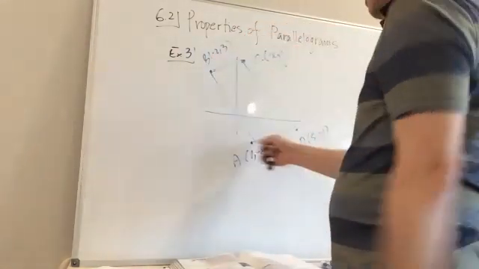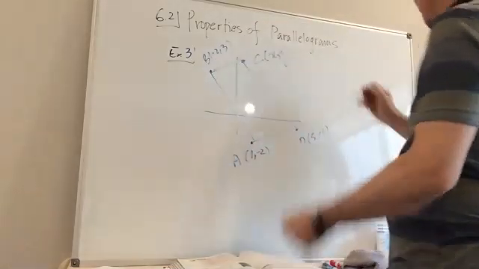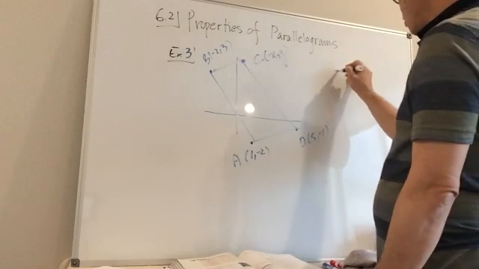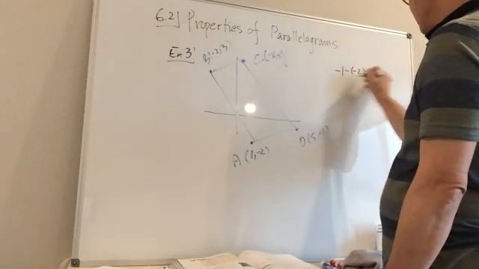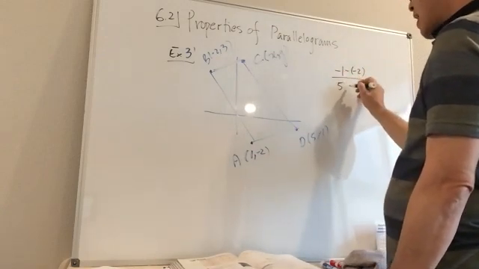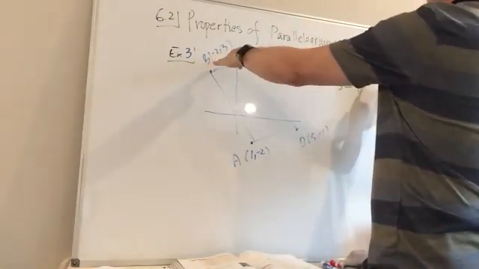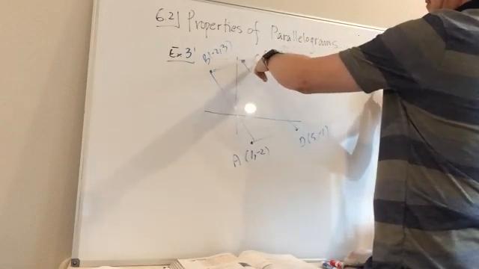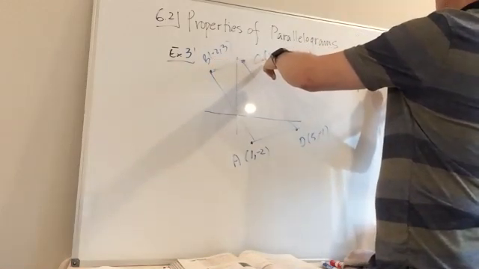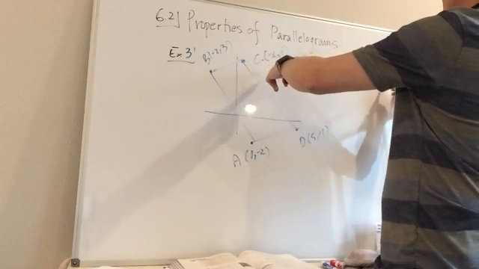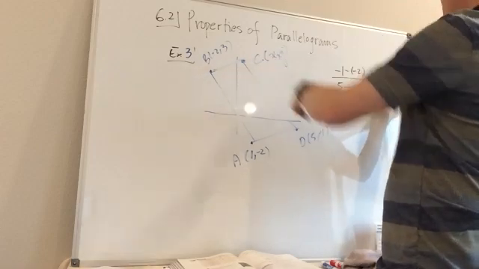The slope of this guy is going to be -1 minus -2 over 5 minus 1. It's going to be the same as this slope, which is x minus -2 over y minus 3.